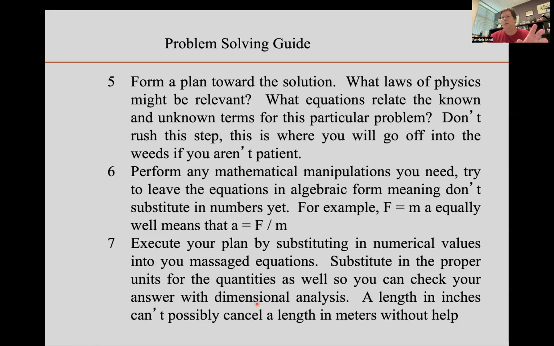The left-hand side of an equation has to have units that match the right-hand side of the equation. And if they don't, you must have made at least one error. If the dimensions on both sides agree, that doesn't mean you're right. But if they don't agree, you're definitely wrong. And this is a great way to catch errors.